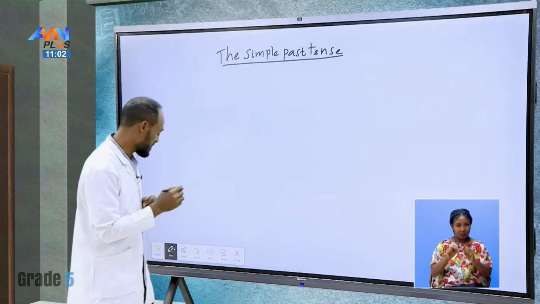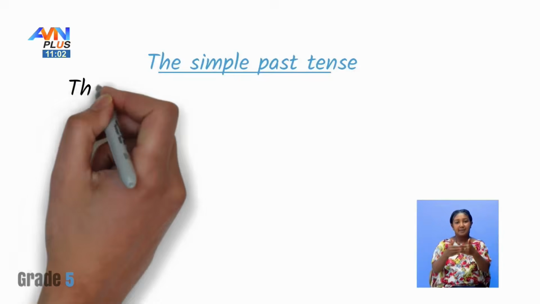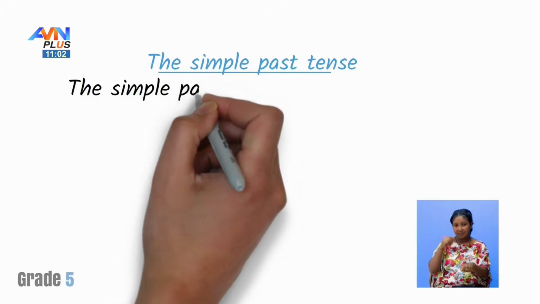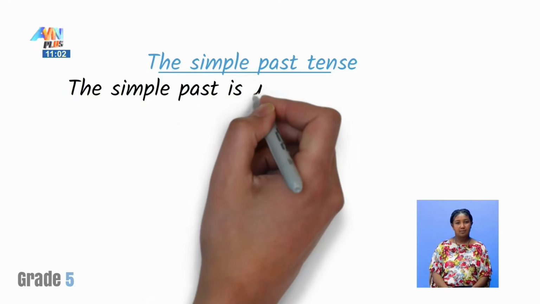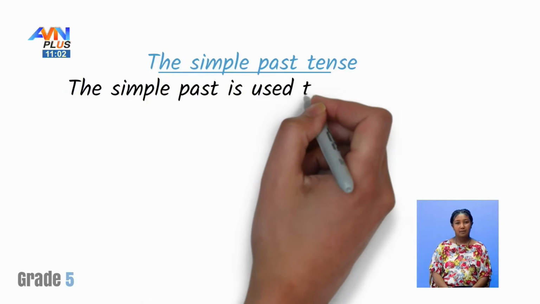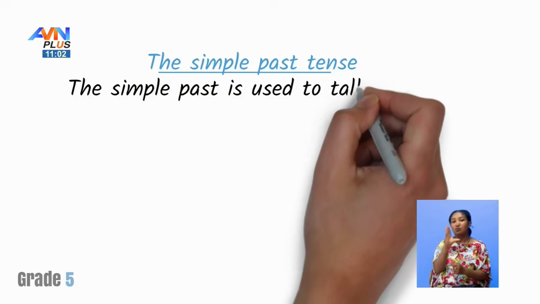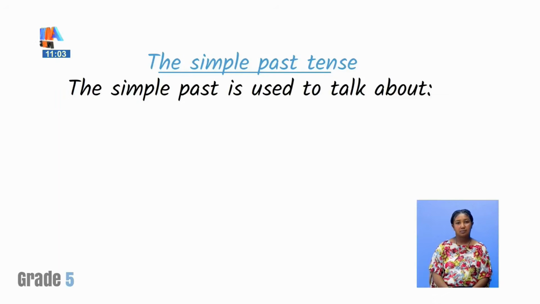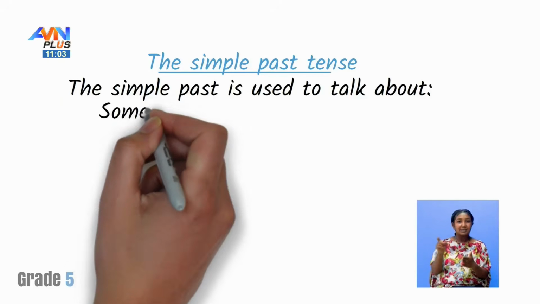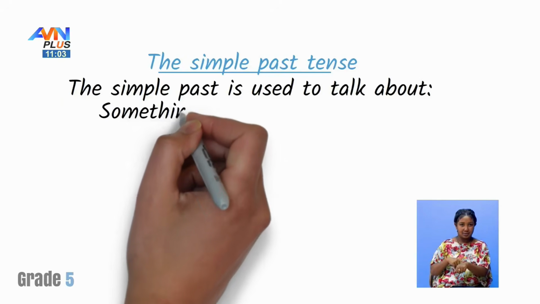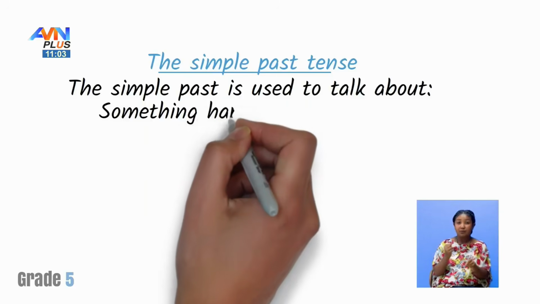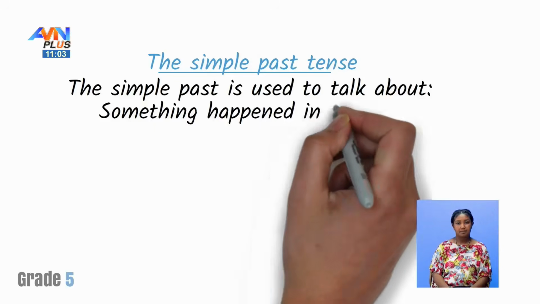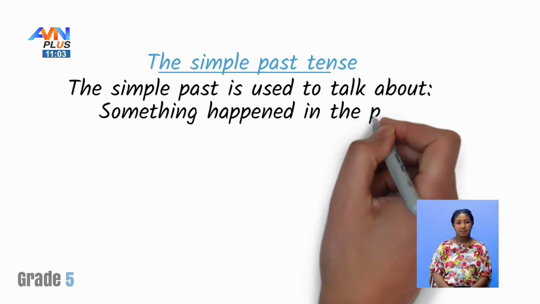So, what is the function of the past simple tense? Okay, good. The simple past tense is used to talk about something that happened in the past.